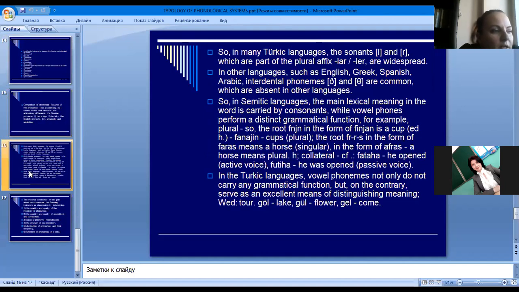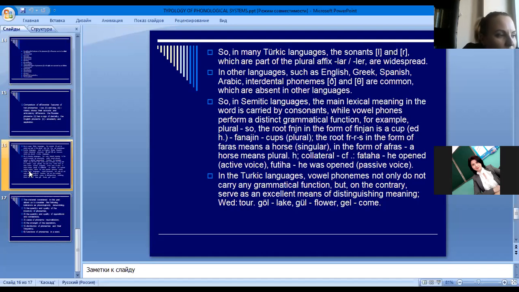For the typological characteristics of phonological systems, phonemic distribution and the frequency of use of a certain class of phonemes in comparison with other classes of phonemes are important, which determines their place and share in the phonological system of the corresponding language. For example, in many Turkic languages, the consonants L and R, which are part of the plural affixes lar, ler, are widespread.